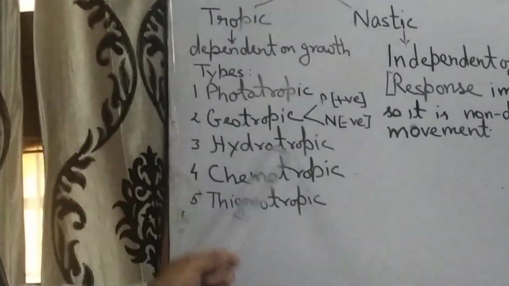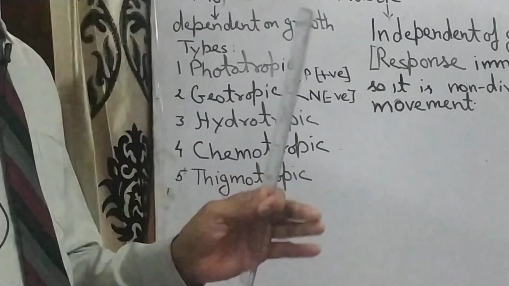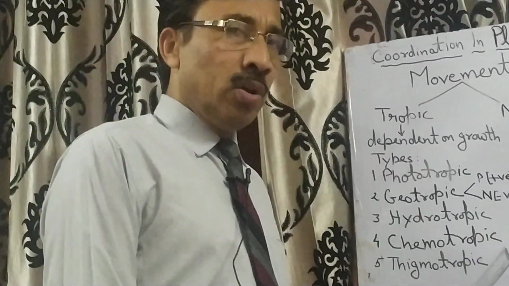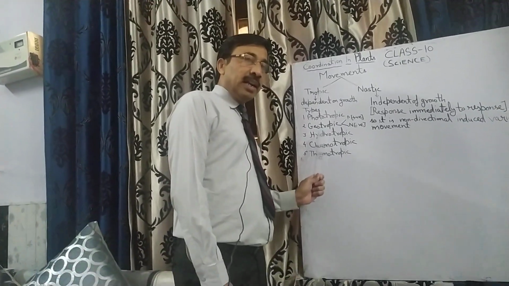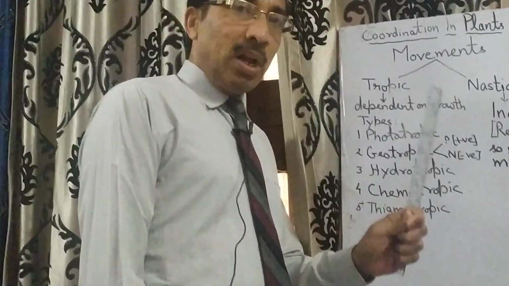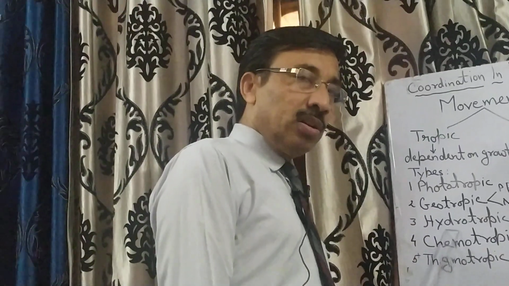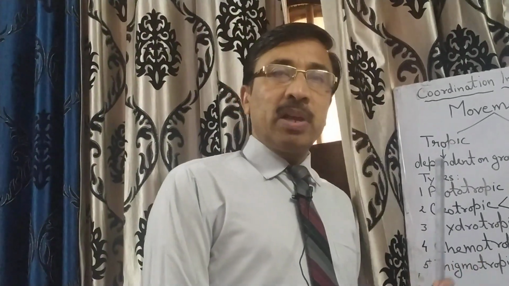Now is hydrotropic movement. You can take any example: roots always show movement towards water. The word hydro is defining it, that is water. So, movement of the plant parts towards water is called hydrotropic movement.